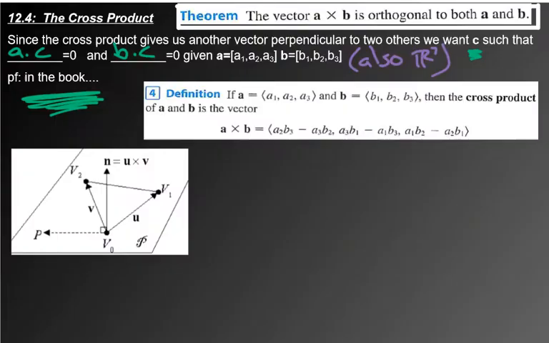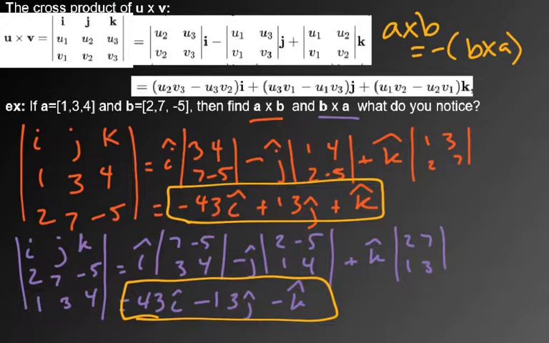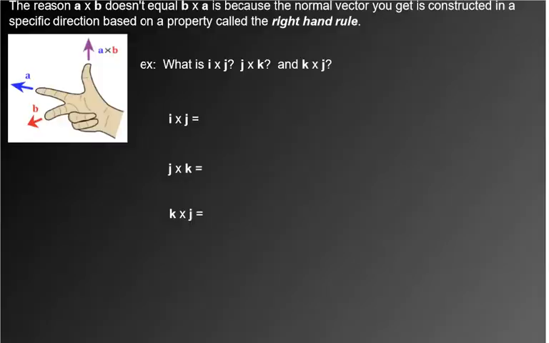That goes back to this picture where there could be this vector n or one coming down here, like negative, right? This is called anti-commutative in math, where the reverse direction is negative. This actually shows up quite a bit, especially in vectors. So that's really important to know, that you can get two of them, and one is just going to point the other direction.